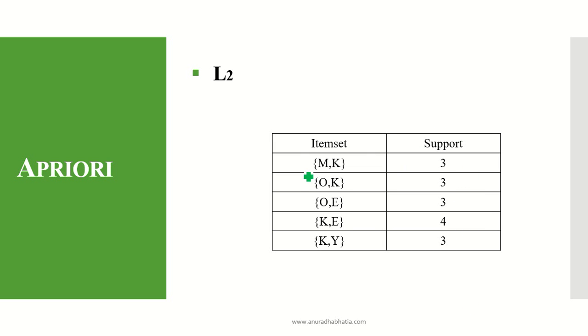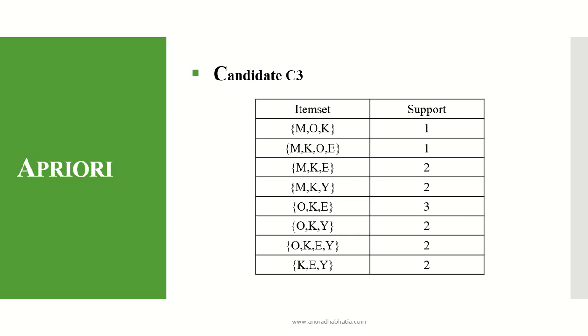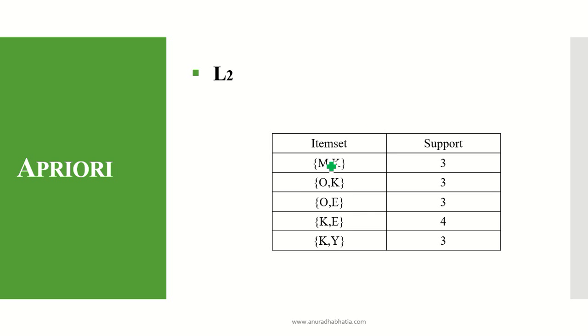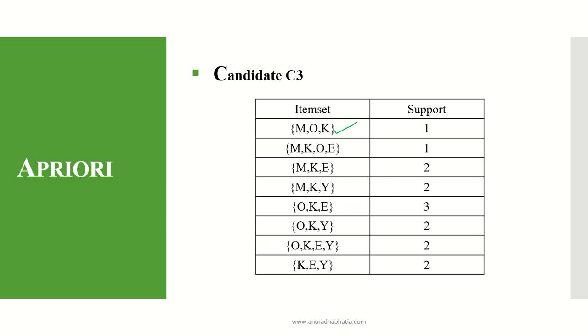On this, you will see it is a combination of 2 item sets. So now candidate 3 will be the combination of 3. The third item set, that is C3, will be MOK as the first, then the combination MOE, so it will be MKOE, which is formed over here.